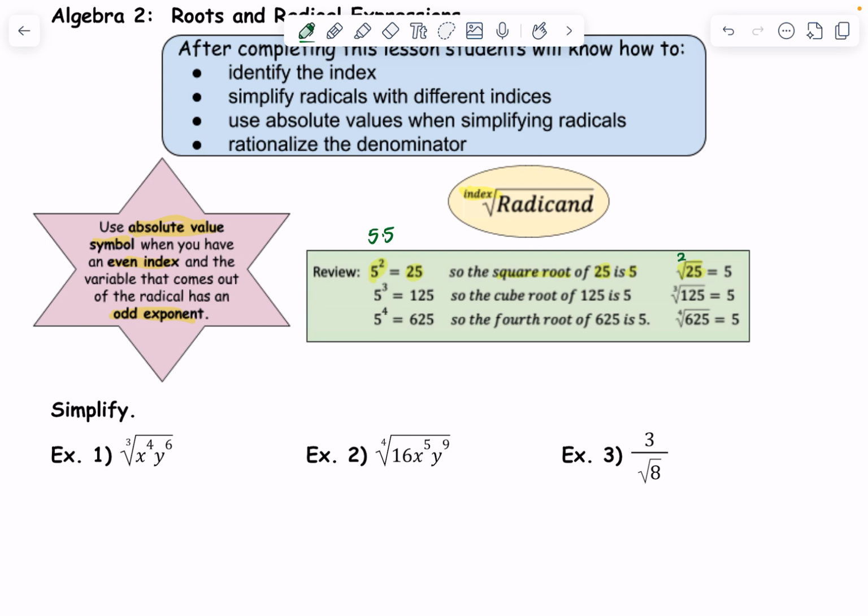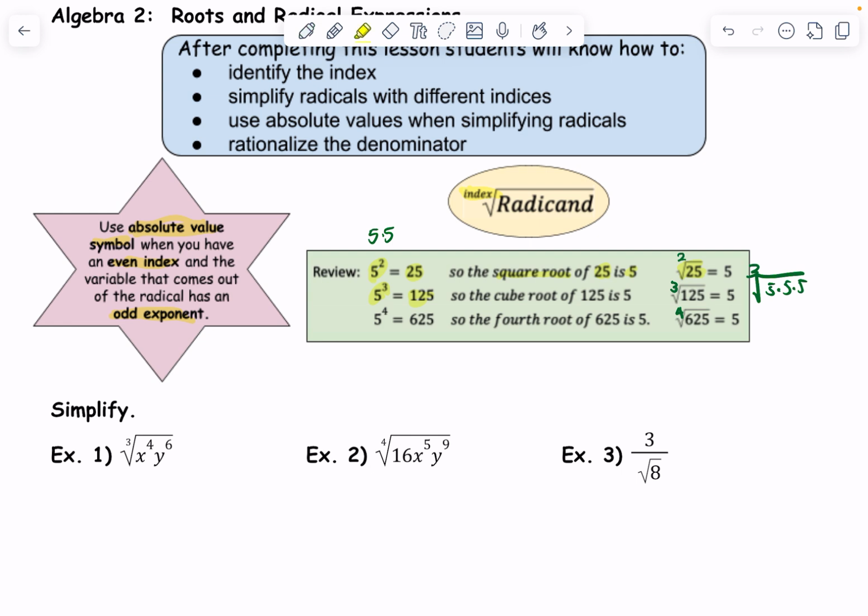When we're looking at this, we know 5 cubed is 125. So if we use the cube root of 125, we would be taking the cube root of 5 times 5 times 5. We would have 3 5s, so 1 would come out. It says have this many of the same thing.